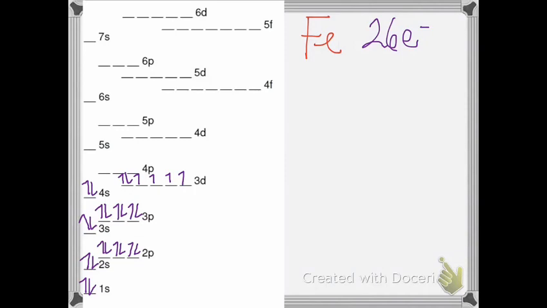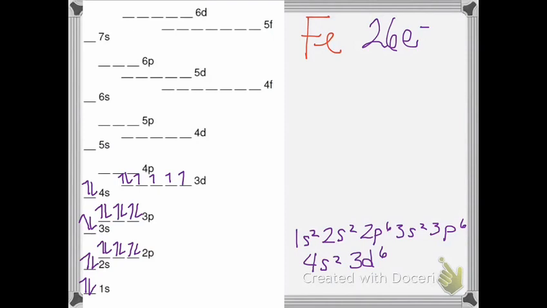All right, so let's see what we need to write. We have 1s2, 2s2, 2p6, 3s2, 3p6, 4s2, and 3d6. All right, so what did you notice we did? What do you notice about our big numbers?